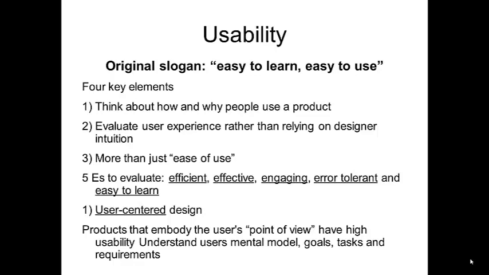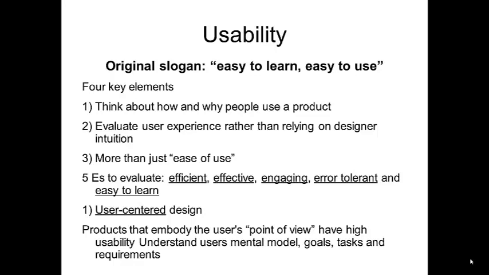And the final one, which is also labelled number 1 for some reason, is that the design should revolve around the users. The products that embody the user's point of view have the highest usability and the highest success rate. So what do we mean by that? Different users have different mental models of how the world works and how things connect.